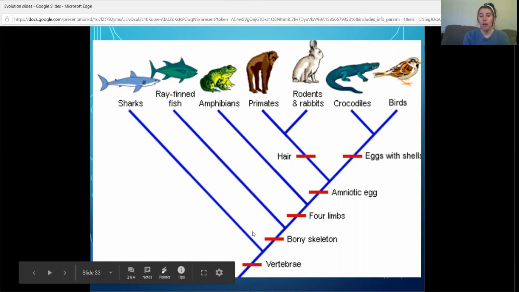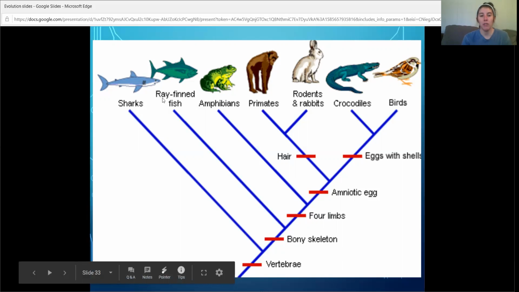The thing that makes the shark branch off is that it is a vertebrate, but it does not have a bony skeleton. We know that sharks have cartilage instead of bone. So from here, the rest of these organisms should be vertebrates and have a bony skeleton.